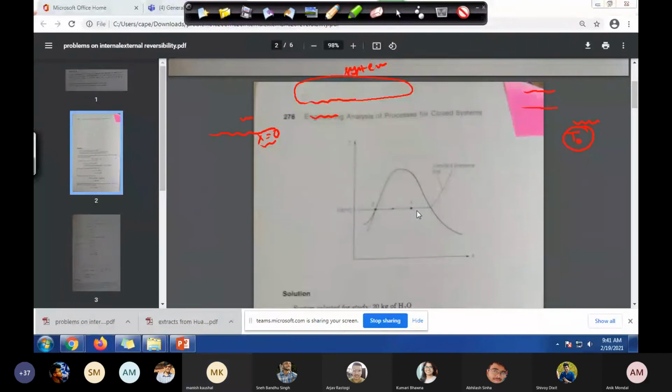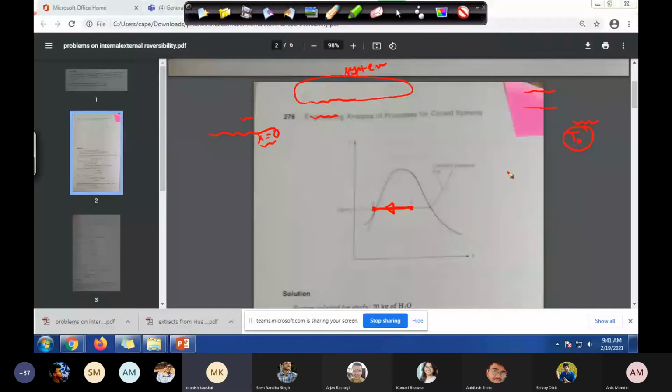You can see here, we are somewhere here because we have quality 60%, and then you are cooling it down and you are coming here. This is a T-s diagram. No problem, our temperature is 100 degrees Celsius. Remember, phase change process.